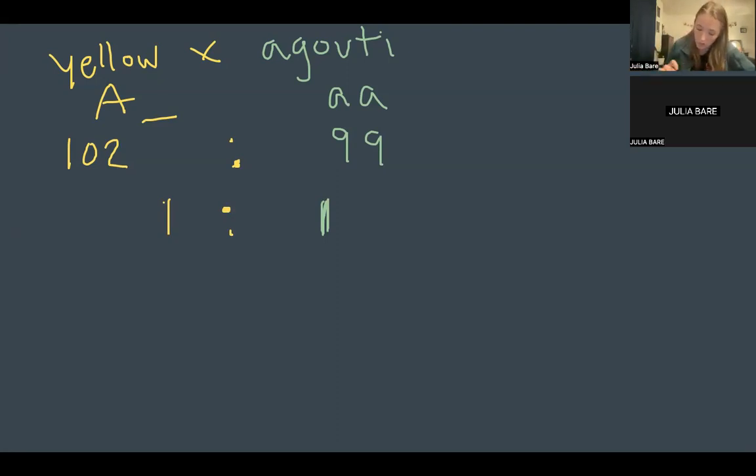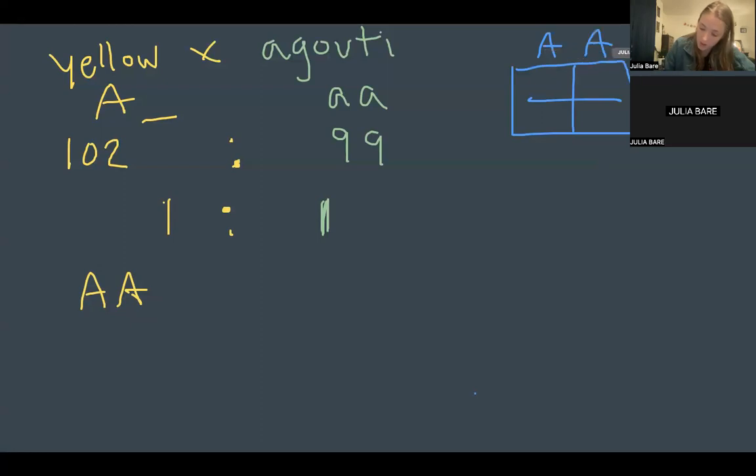So let's do a Punnett square. Let's say that the yellow mouse was homozygous dominant. Well, if we do a Punnett square with a homozygous dominant and a homozygous recessive individual, what's the ratio of this Punnett square?